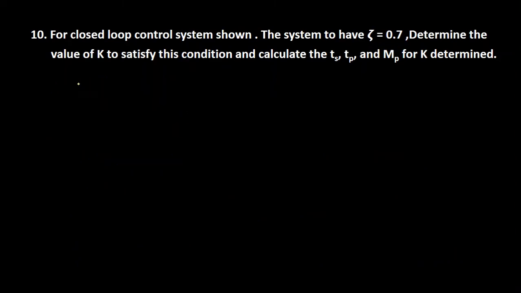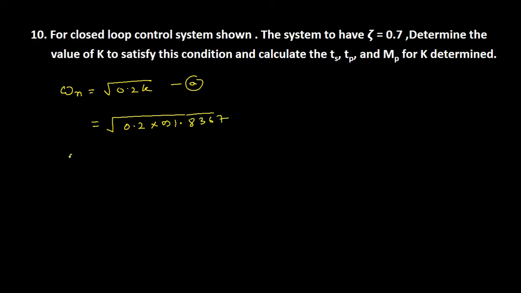Now with the value of K we will determine omega n. Omega n is equal to under root 0.2K from equation number A. We'll put the value of K here, we'll get under root 0.2 into 91.8367. When we solve this, we will get omega n is equal to 4.2857 radian per second.